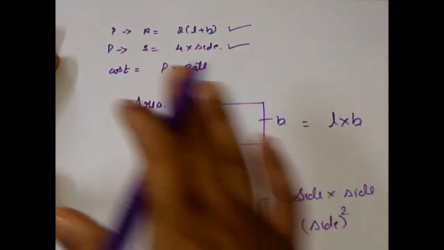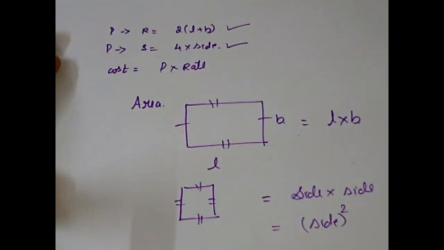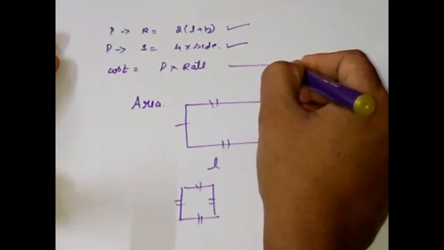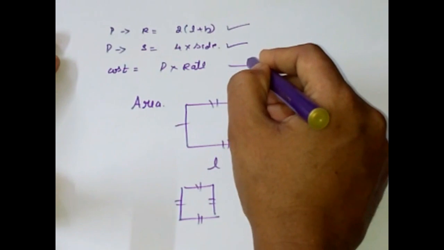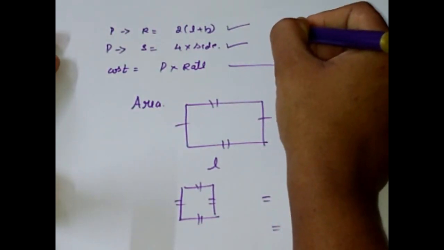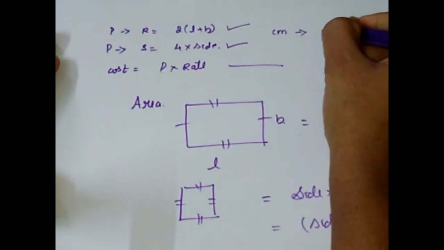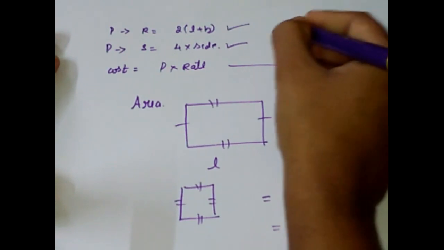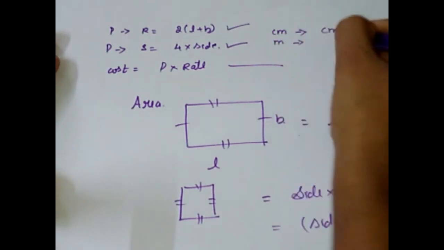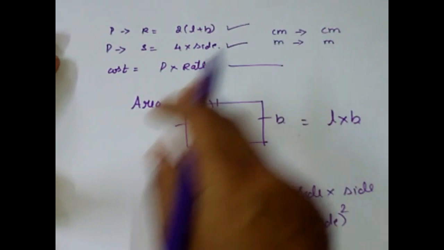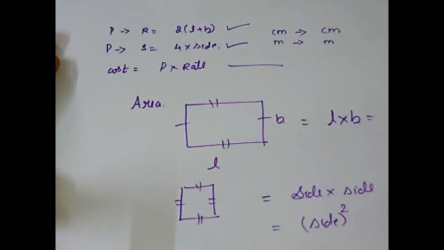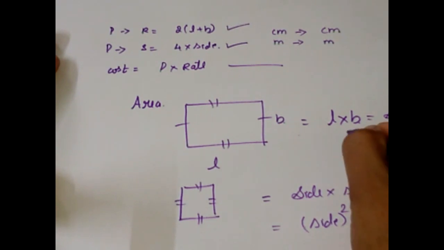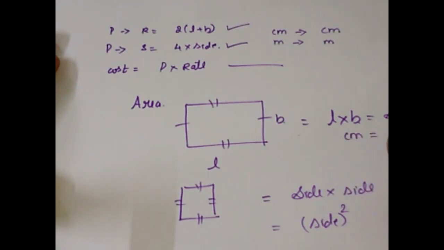While calculating perimeter, we made one point very clear, that we express the perimeter in the same units. That means if the question is given in centimeter, the perimeter also we express in centimeter. If the question is in meter, we express in meter. But area will always be expressed in square units. That means if the question is given in centimeter, we represent the area as square centimeter.